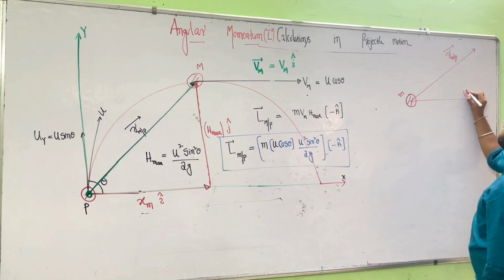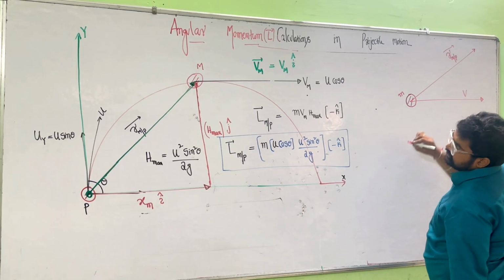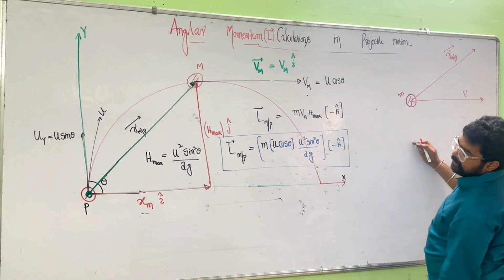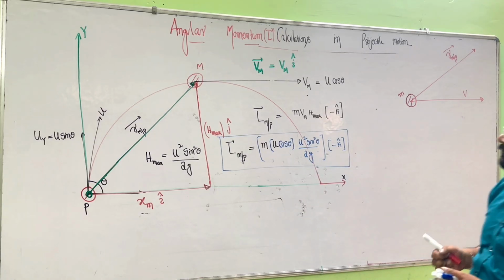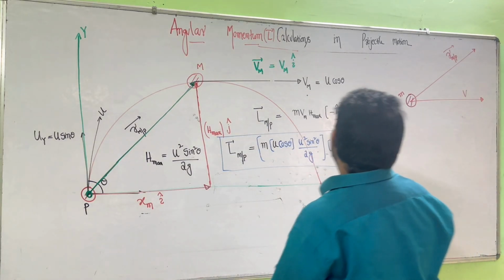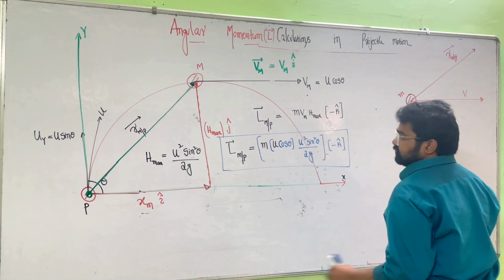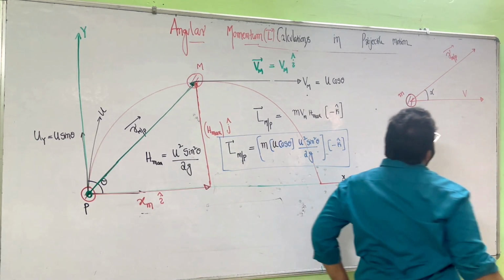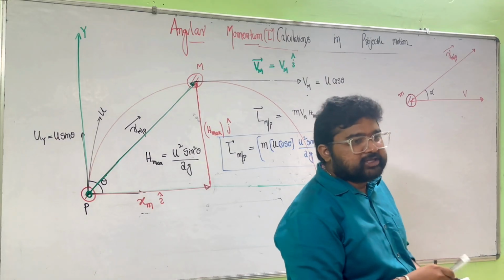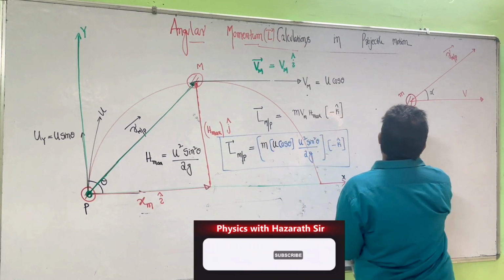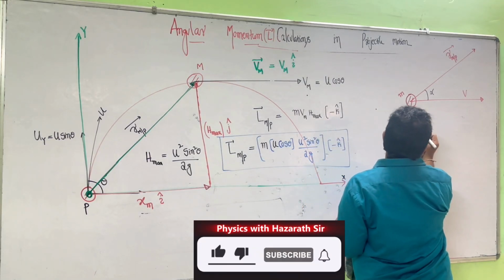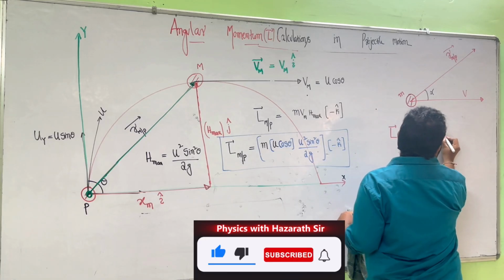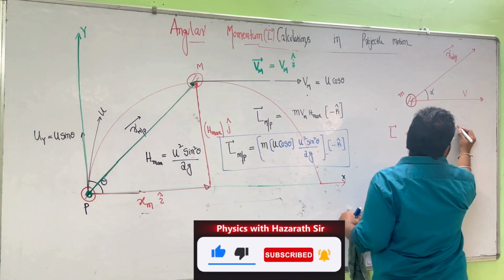This is the velocity V. Okay? Velocity V. Angle between them is what? Some angle. Clear? So here to here, some angle alpha you can take. What is the L bar equal to how much? M into R bar cross V bar.